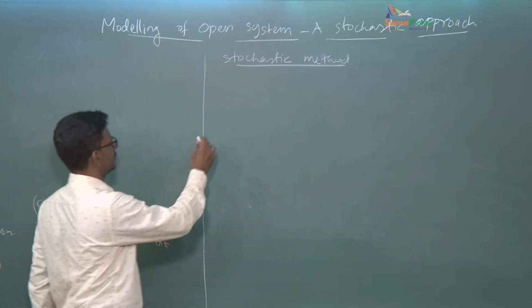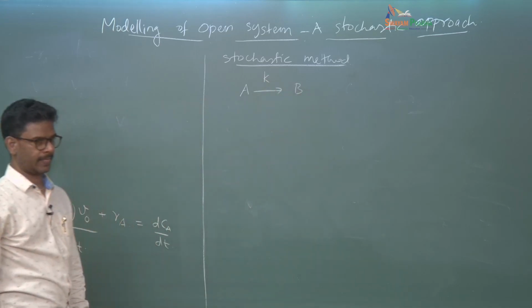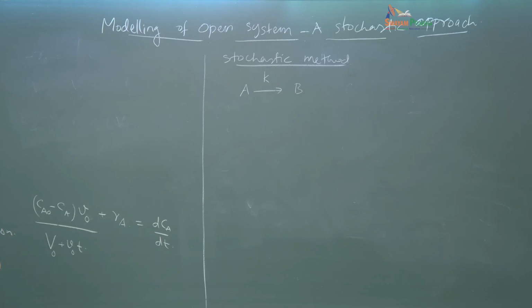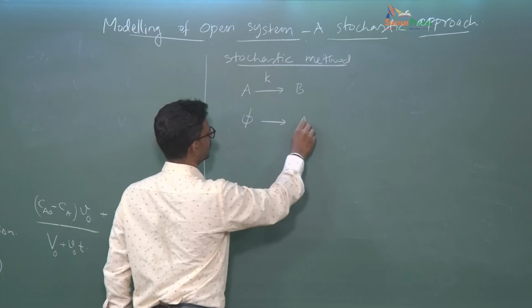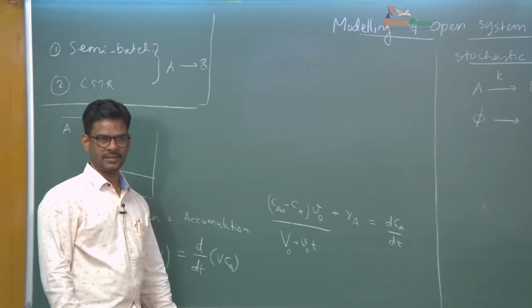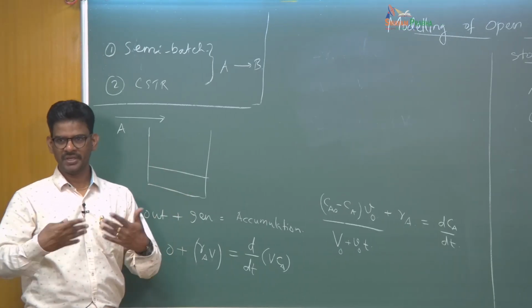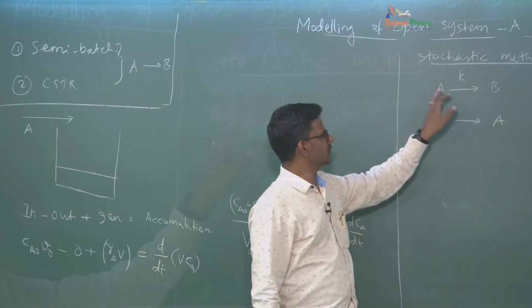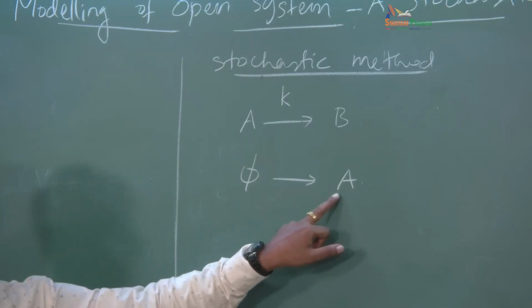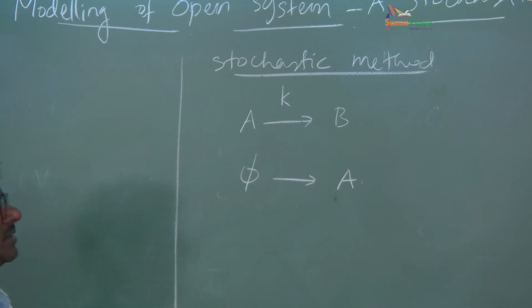So in the stochastic approach, we have this A going to B with some rate constant K. To model this incoming injection, we can imagine this is another reaction where you have some source bringing in some A. So I'm just mapping this open system into a cascade of reaction system that mimics this injection of molecule A. Now A is also getting created as if somebody is putting some amount of A with some constant, and this constant we can call maybe a.